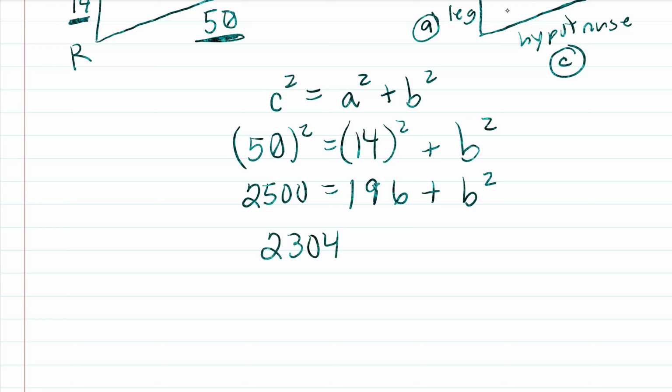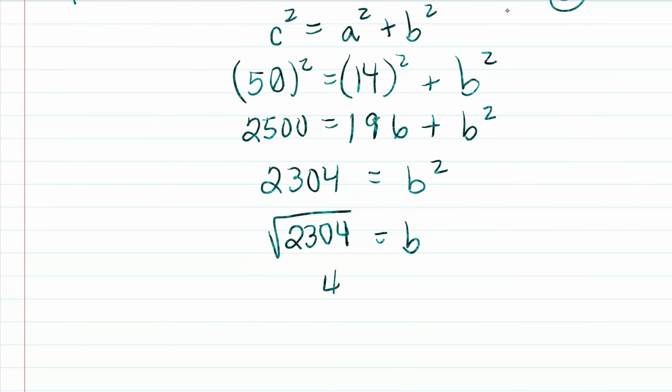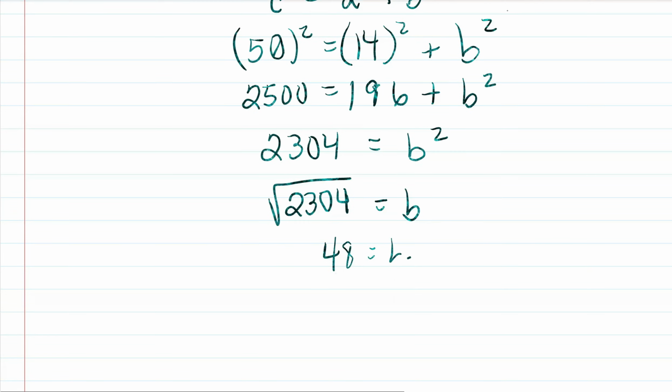Subtract 196 from 196, you get nothing, which is what you want because you want b squared by itself. To get b, you use the square root property that you learned before in algebra. The square root of 2,304 is 48. So side B is going to be 48.